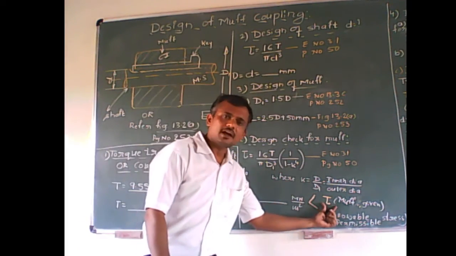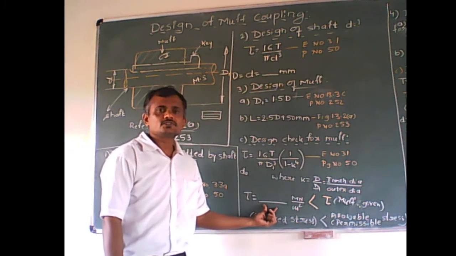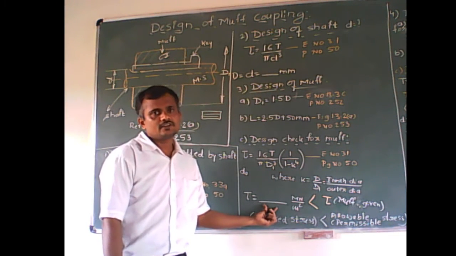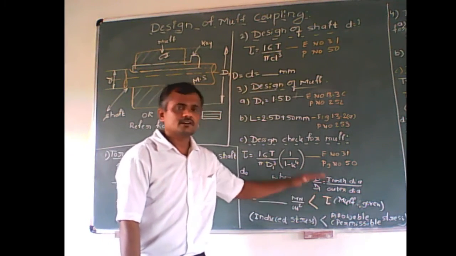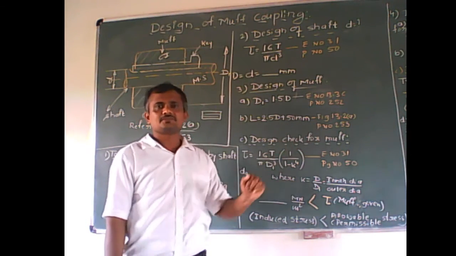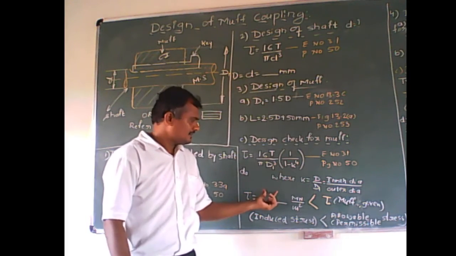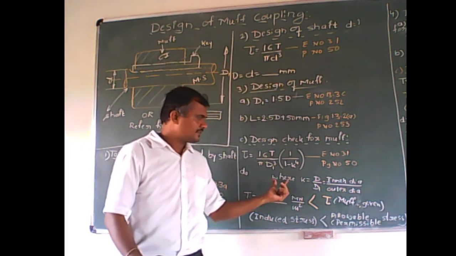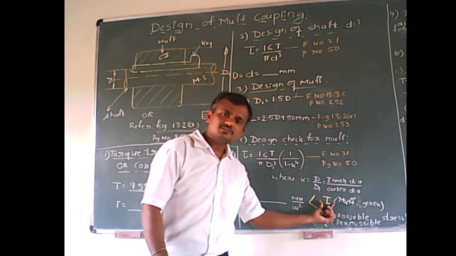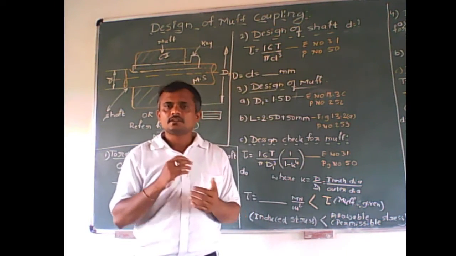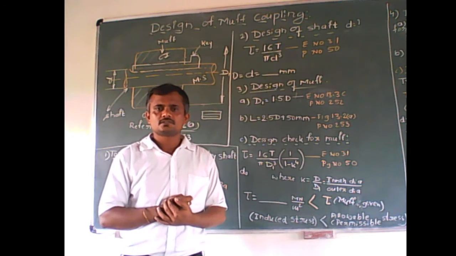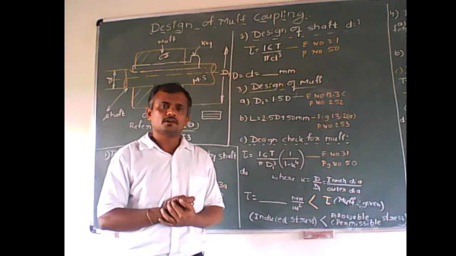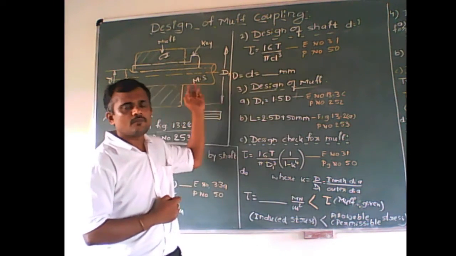So this should be higher, and this induced stress or calculated stress must be smaller. Then only we can say that yes, this muff is safe. We can understand that the produced stress is lesser than the given stress. Then we can say that the muff is safe to transmit the power in the muff coupling.